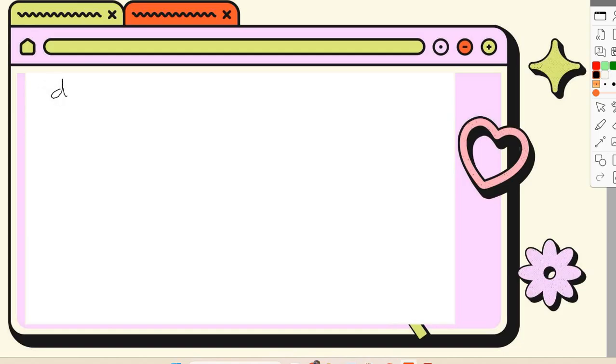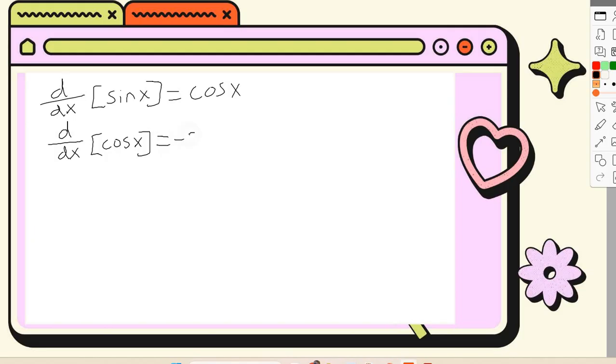So the derivative of sine of x is actually cosine of x. The derivative of cosine of x is negative sine of x.